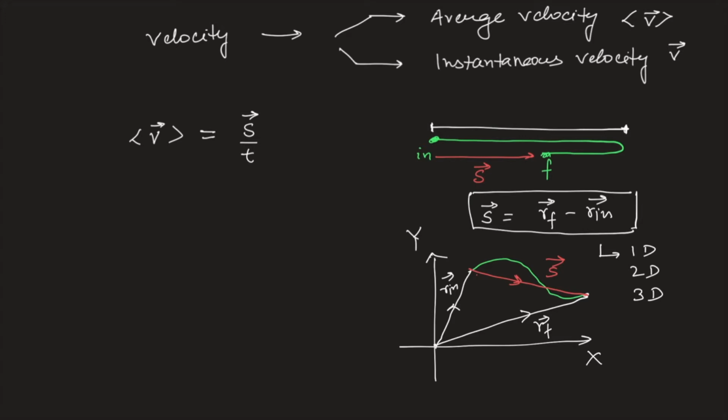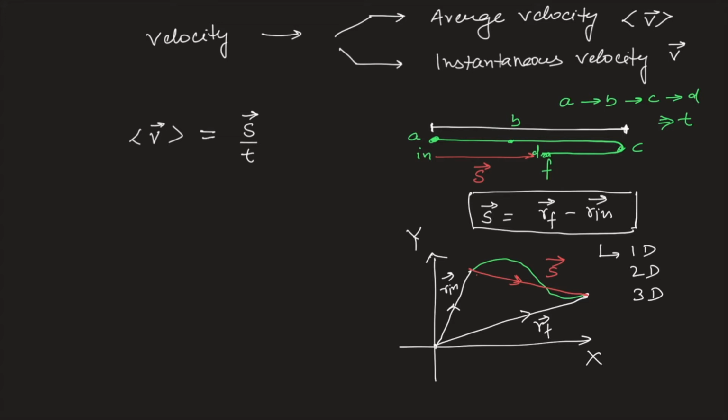So let's say the particle has started from point A, then goes to point B, then goes to point C, and then returns back to point D. So the time taken to move from A to B to C to D is T, and this time is something that we are considering over here. This is the time taken to complete the entire path of the motion, right? And that is your average velocity, that is displacement by time.